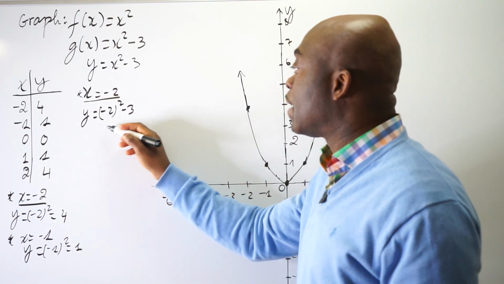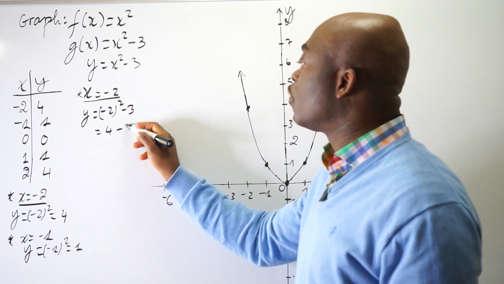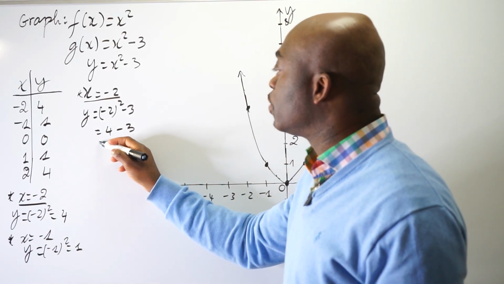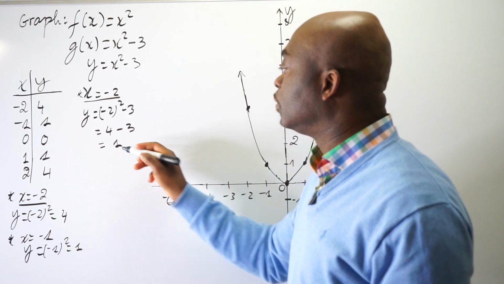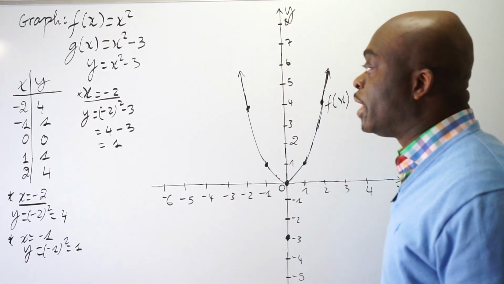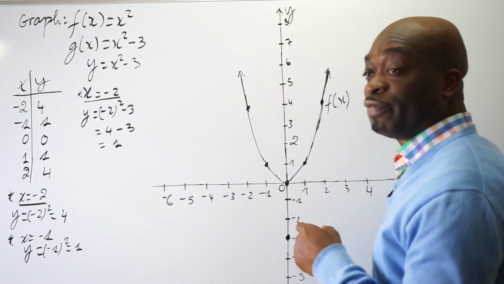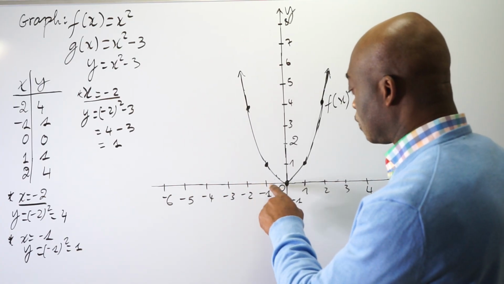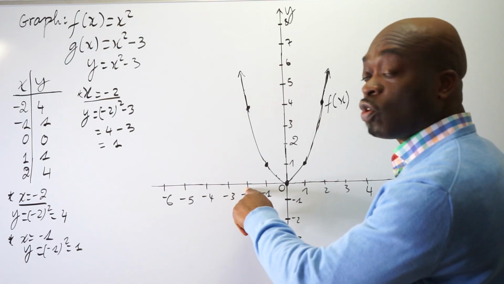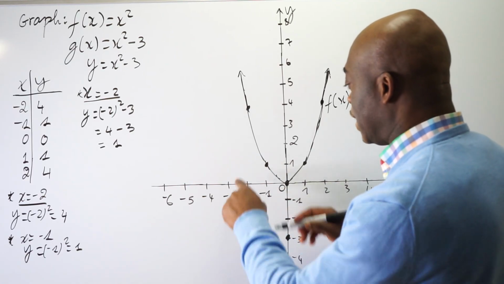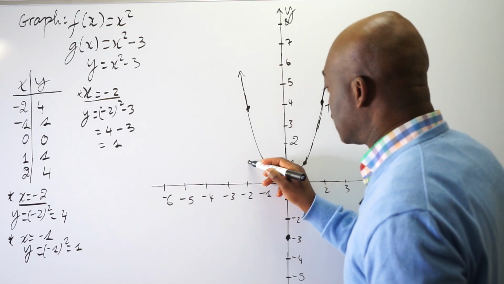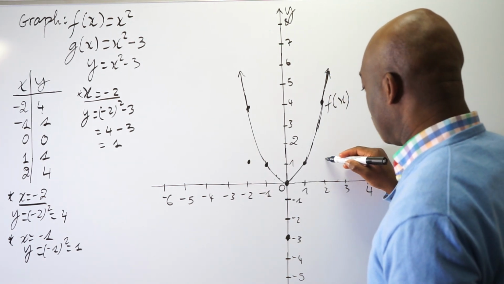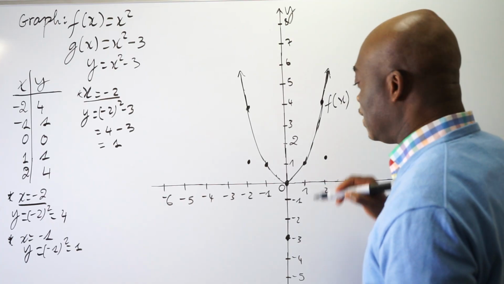Negative 2 to the second power is 4, and 4 minus 3 is going to give us 1. So if x equals negative 2, y is going to be 1, right here. It's a point here, so automatically we're going to have this one also here. All right?